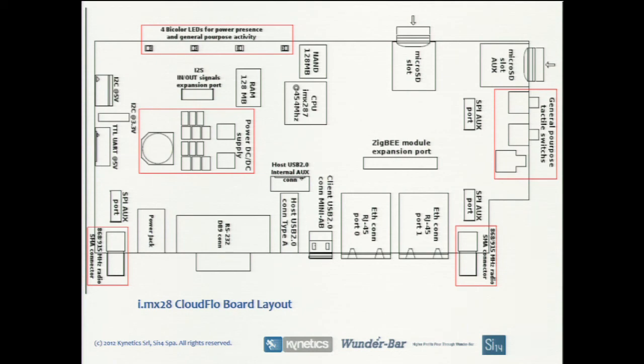We use it for the wireless pouts, but in many home gateways these kinds of signals are used for alarms. Micro SD, 2 Ethernet ports, 1 RS-232 DIN port. So everything is standard. This is a single board computer for general purpose. We use it for CloudFlow, but it is basically very cheap embedded hardware based on the MX28.